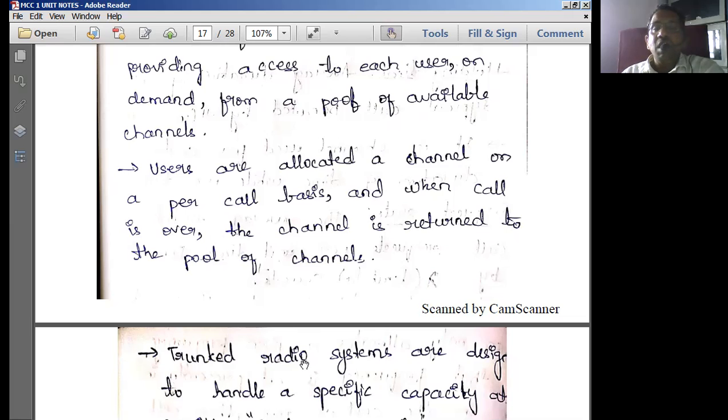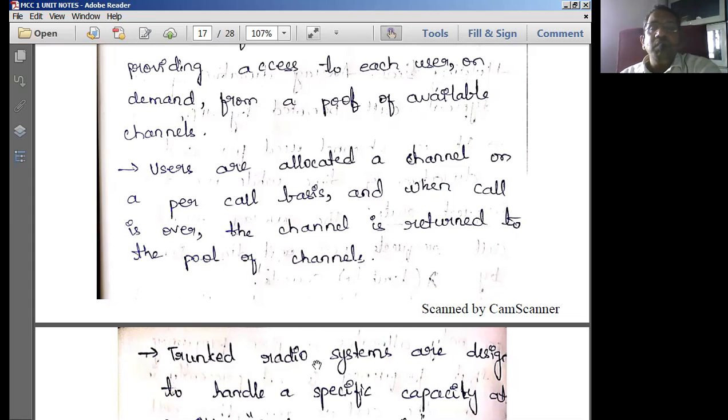So how are users going to be allocated channels? Users get allocated a channel on a per call basis. Whenever somebody makes a call, that request first goes to the base station. The base station has a pool of channels available, and based on the call request, it pulls a channel from the pool.